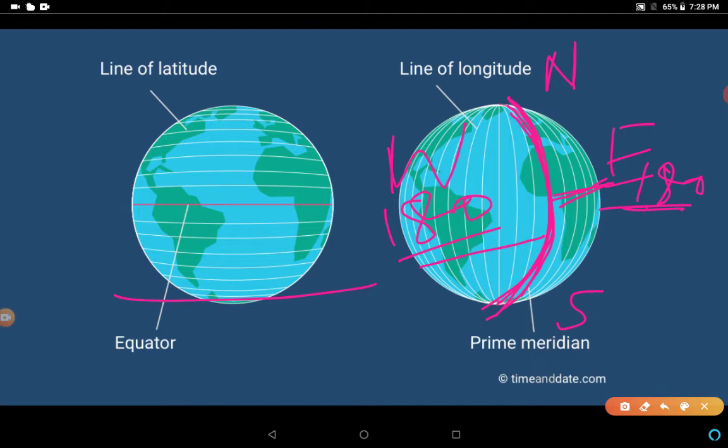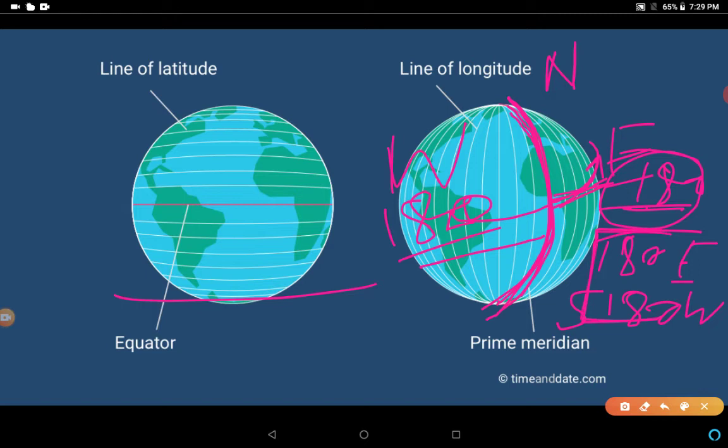So if we count from this part to east, we'll count 180, and if we count from this side, we'll count 180. But there are two lines of 180, 180 east, 180 west. Both are the same line.